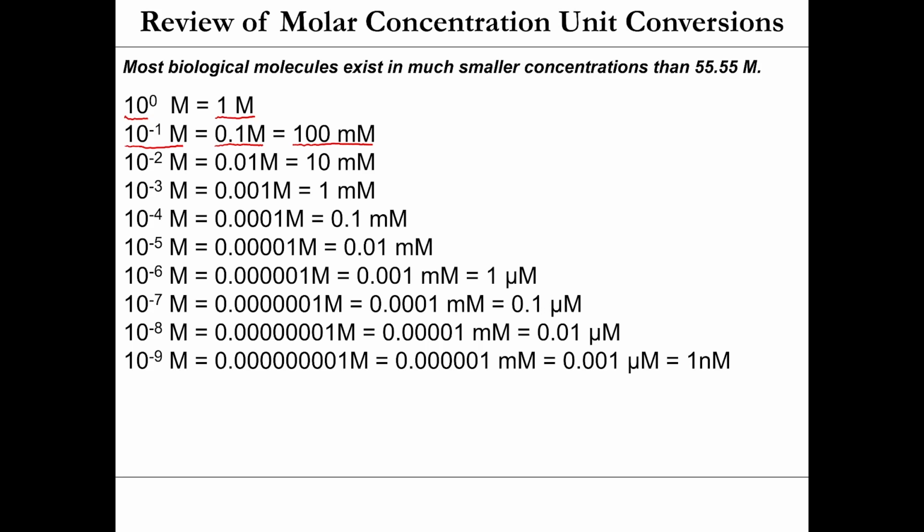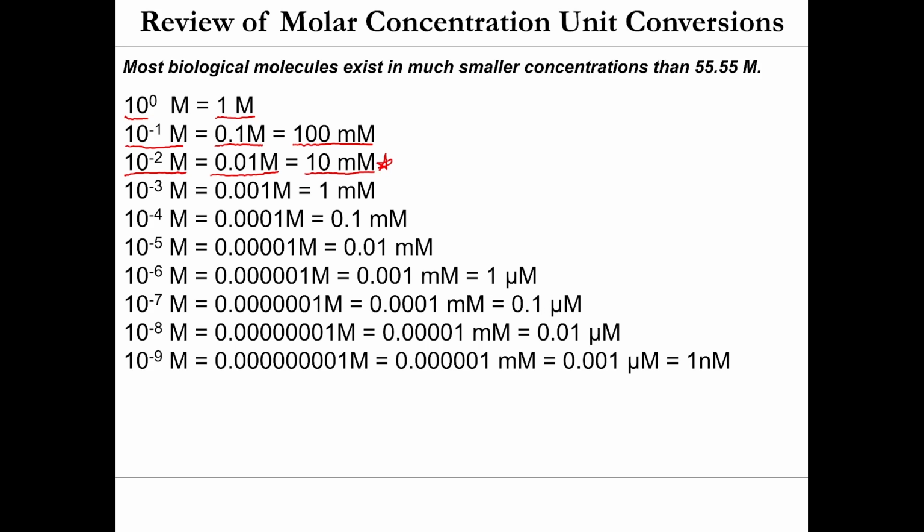Just moving down the line, 10 to the negative 2 molar would be 0.01 molar, which would equal 10 millimolar, and so on. So you can see that when you're dealing with 10 to the negative 2 molar, it's a lot easier to just use the millimolar designation for that solution.